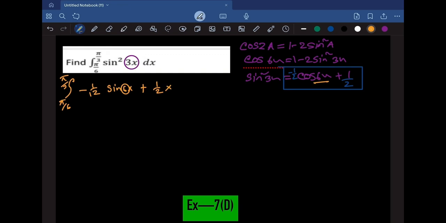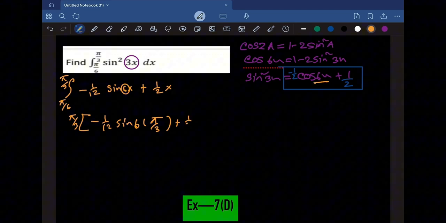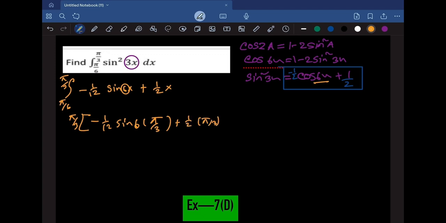So we have integrated it successfully. Now we have to use the limits in order to figure out the value. We'll take pi by 3 right here, and write minus 1 by 12 sin 6 pi by 3 plus half pi by 3, minus the pi by 6 limit, minus 1 by 12 sin 6 pi by 6 plus half pi by 6.